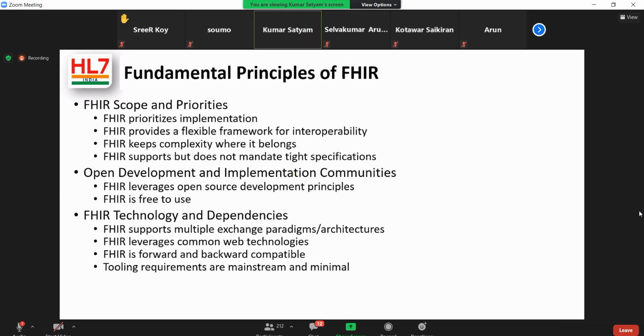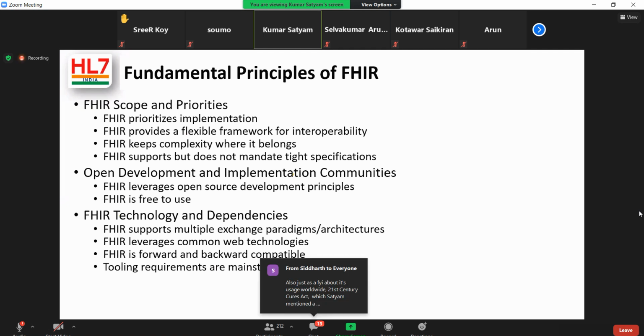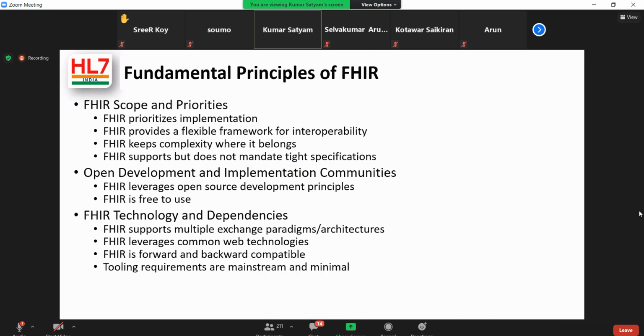So that is one of the biggest advantages of FHIR. The biggest advantage of FHIR is actually that it uses open source technology, it uses standard web technologies, and it uses mainstream technologies, right? So FHIR, if you understand, is composed of resources.